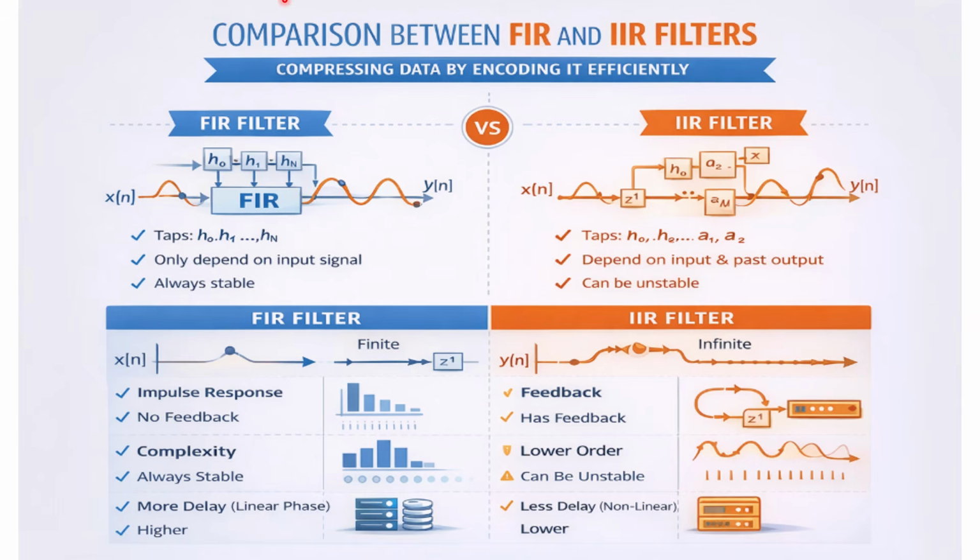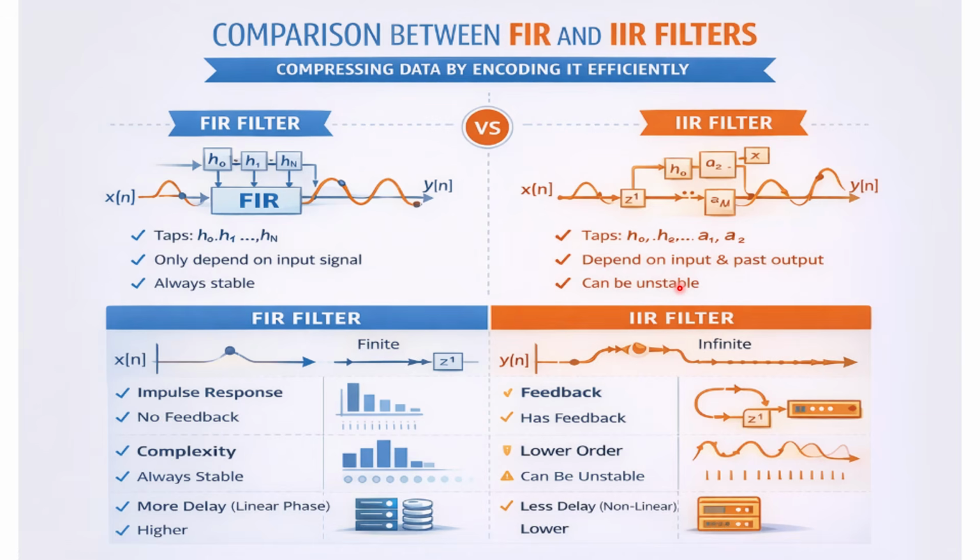So here is the comparison between the FIR and the IIR filter. FIR filter depends on the present inputs, and IIR filter depends on the present as well as past also, right? FIR depends only on the input signal, whereas IIR depends on the input and past both. FIR filter will be always stable, but IIR may be stable, may be unstable, right? It depends.